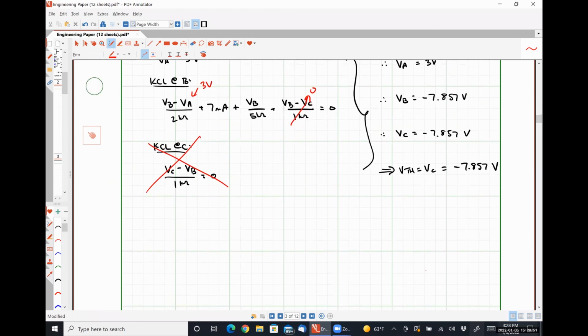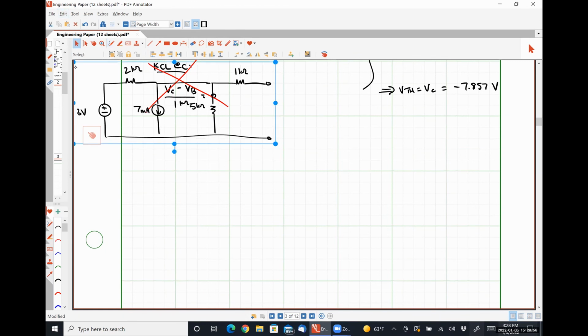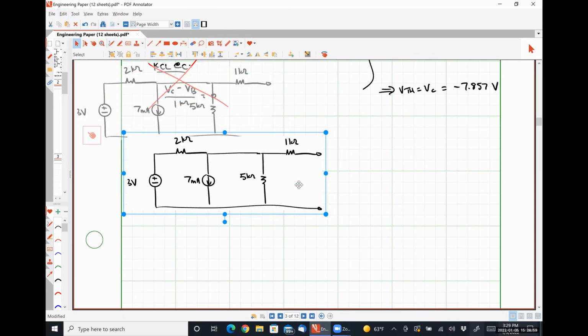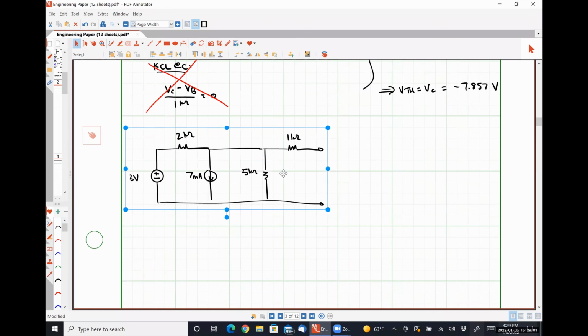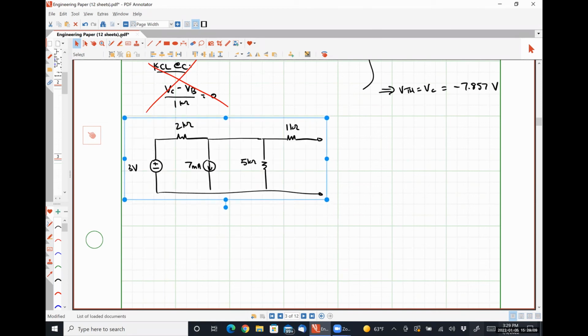All right, so I'm pasting my circuit. What do I need to do to this circuit to determine the Norton current?